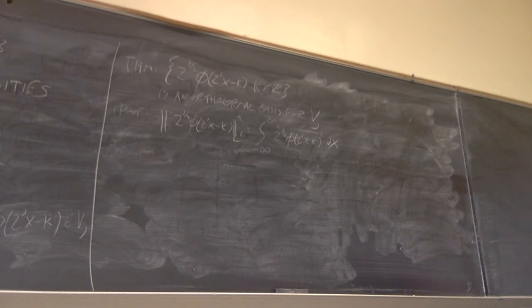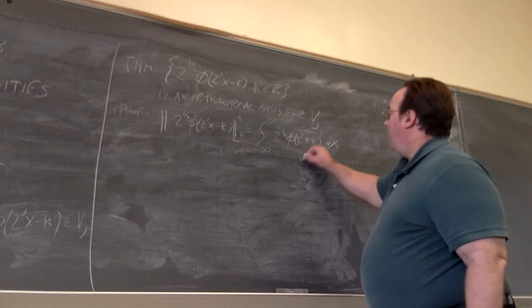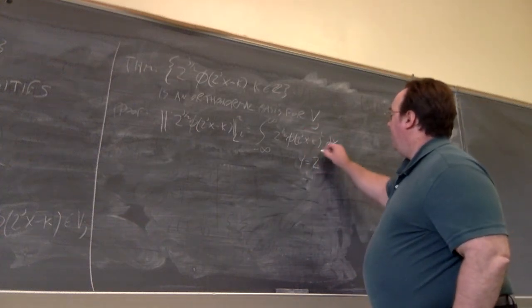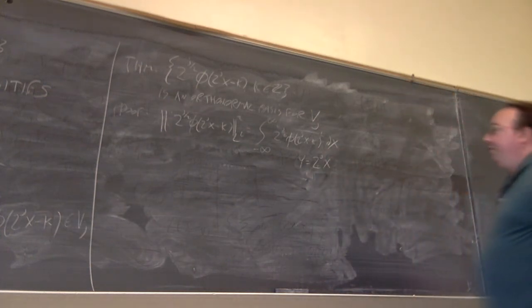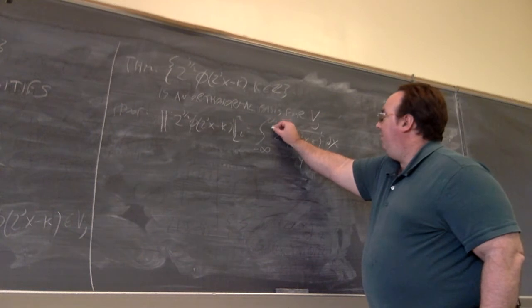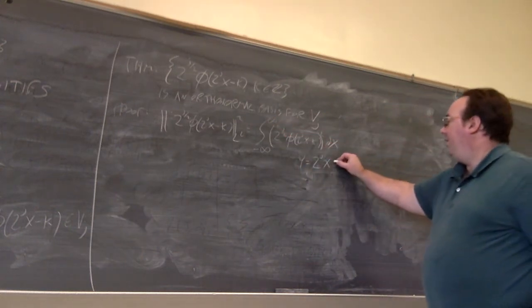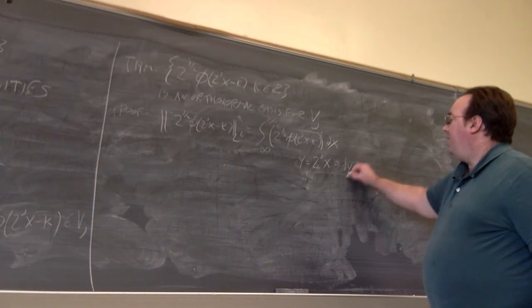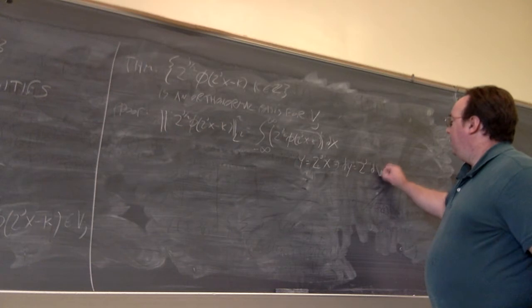Okay. Now what I'll do is make a change of variable. Let y equal 2^j x minus k. Then dy is equal to 2^j dx.